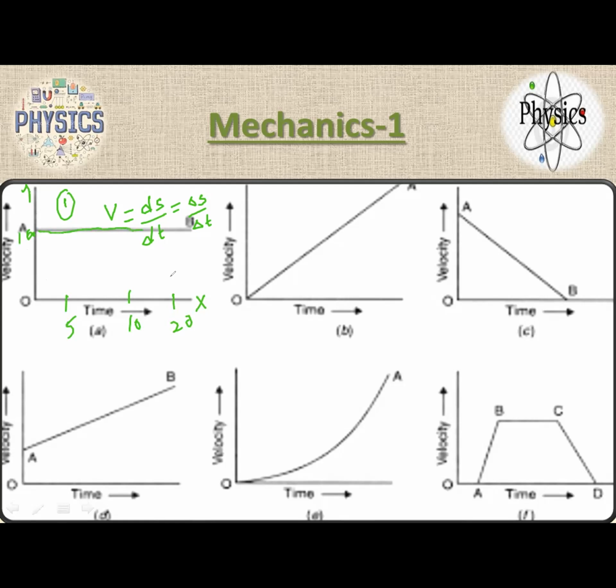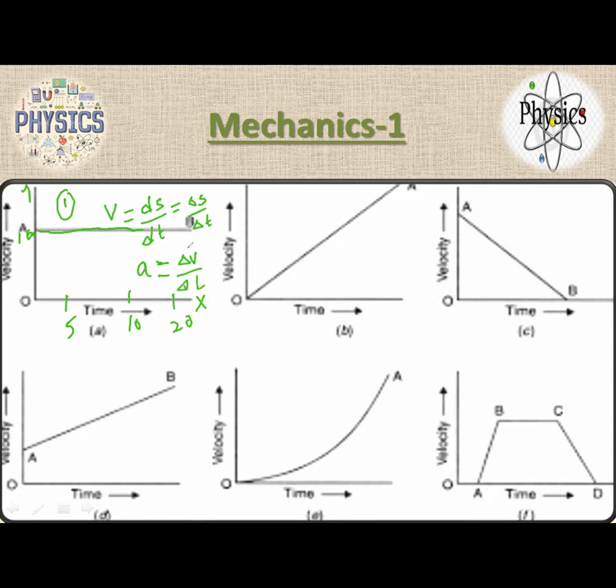So from the first graph, we can say that velocity is constant, but what physical quantity is zero from this graph? What physical quantity is zero, Pranav? Acceleration, because there is no velocity change. According to the definition, acceleration is rate of change of velocity, delta V by delta t.